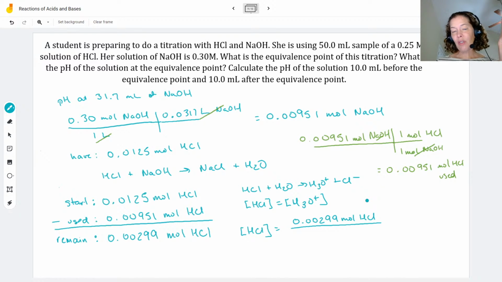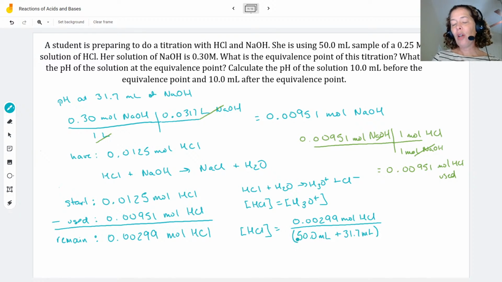What are my liters of solution? Well, think about what you're physically doing in the lab. You started with your 50 milliliter sample, right? But we have been adding volume. We've been adding solution of sodium hydroxide. So we need to add that volume in because our volume has changed from what we started with. How much volume did we add? We added 31.7 milliliters.